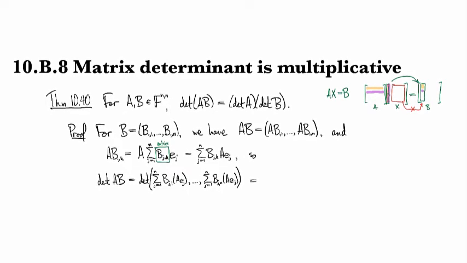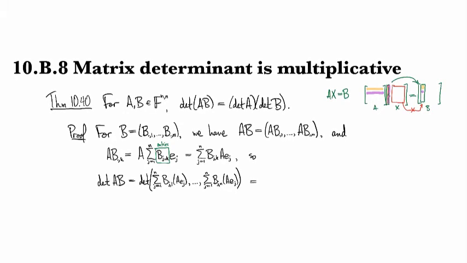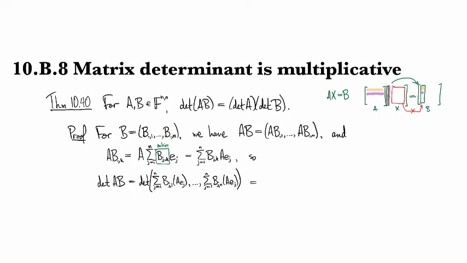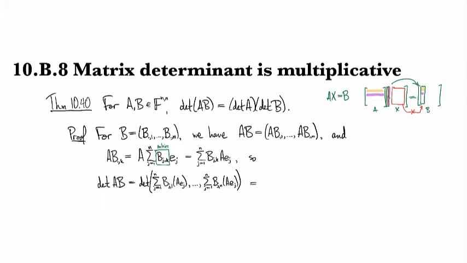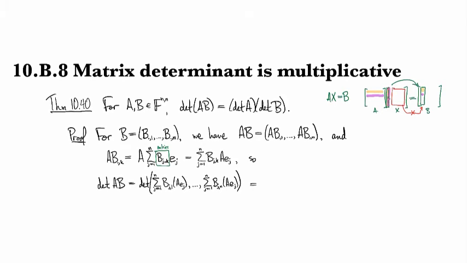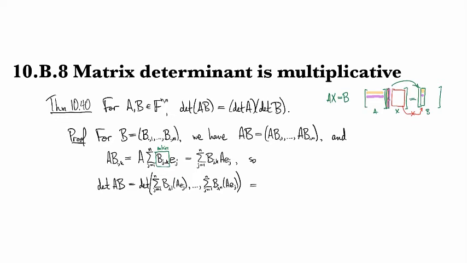Now I can pull out all of the A times ejs, because I've got a sum of vectors in each slot. I'm going to use linearity, as in the previous theorem: the determinant is linear in each of its columns.